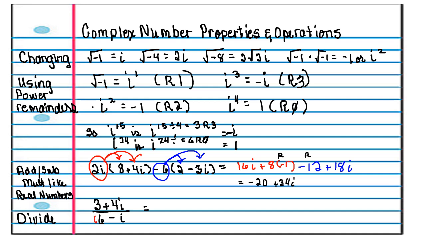So to make it real, what we found out is that we can use a conjugate, or the difference of two squares. And whatever you do down below, you have to do up above. Sorry, that should be an i.